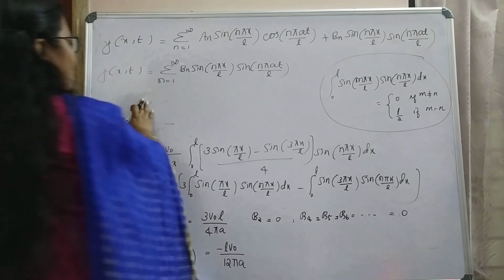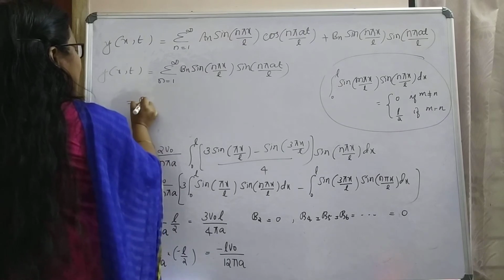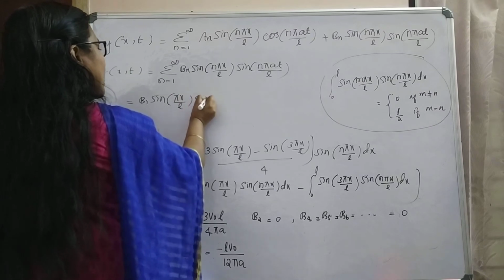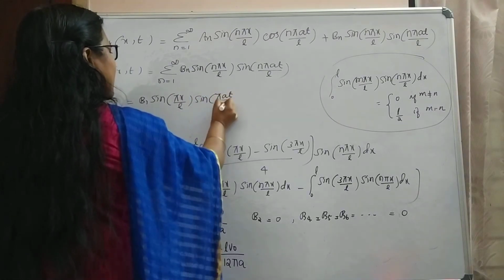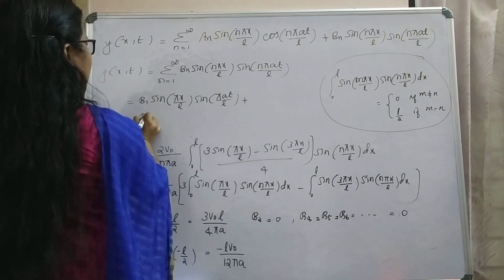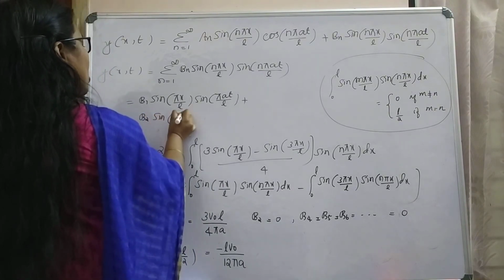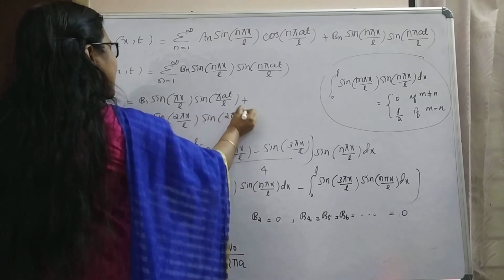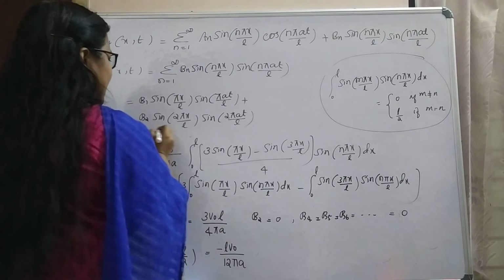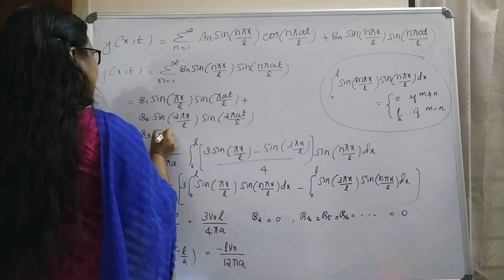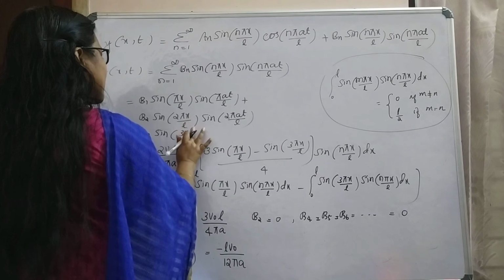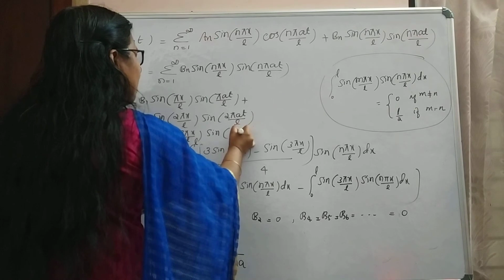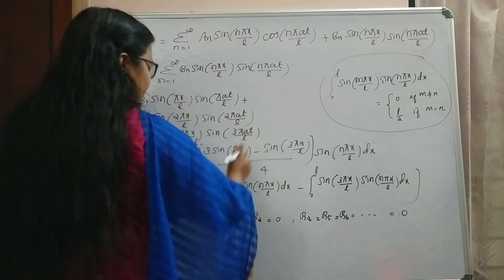That is, by putting n equal to 1, first term is b1 sin(πx/L) sin(πat/L) plus second term is b2 sin(2πx/L) sin(2πat/L) plus third term will be b3 sin(3πx/L) sin(3πat/L) plus etc.